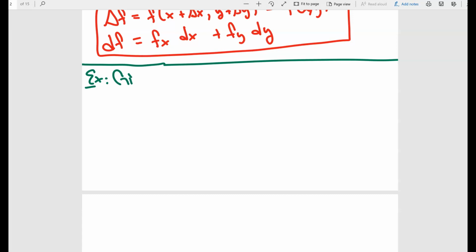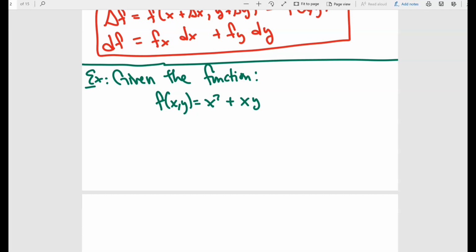So given the function f of x comma y is equal to x squared plus xy plus y cubed. Okay, so we have some additional information. x equals 4.